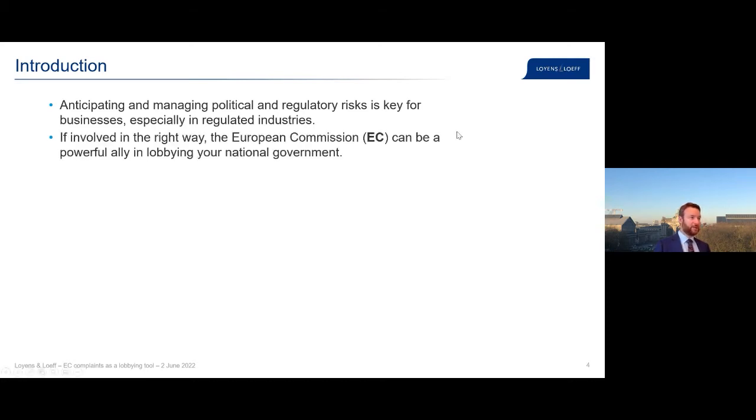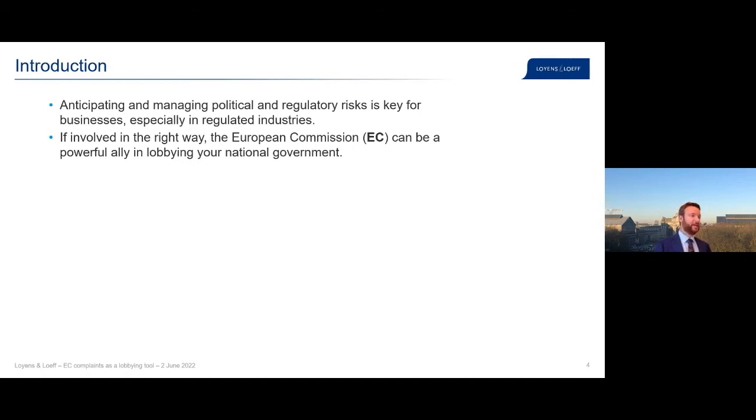That means, of course, that you will need to engage with the political sphere and authorities. And when you are in a lobby campaign, you can use the involvement of the European Commission.